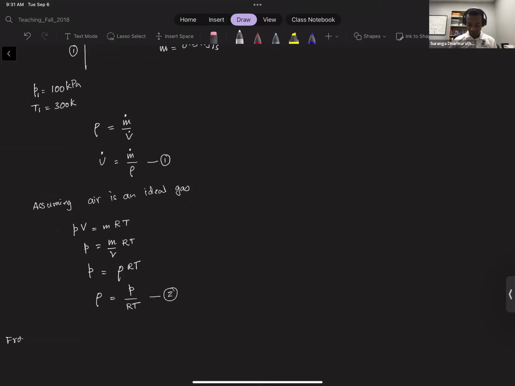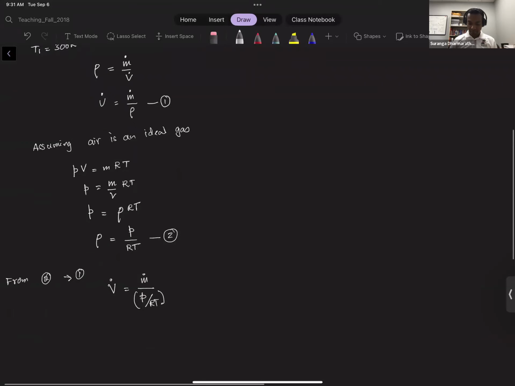From equation 2 into 1, substituting, V dot is equal to m dot divided by P over RT.